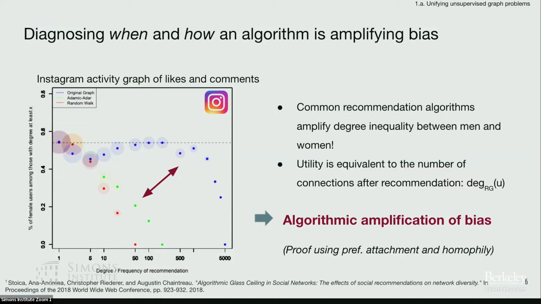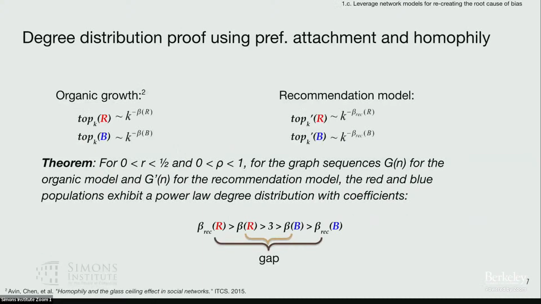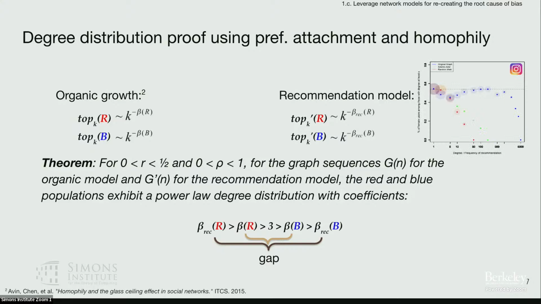We know preferential attachment has a power law degree distribution. People have shown that if you have two communities that are homophilic, you have a power law degree distribution, but with two different coefficients. And if you do these recommendations based on friends of friends, that difference between coefficients would actually increase. That's the kind of inequality that you see being amplified or perpetuated at the level of recommendations in this data set and several other data sets.